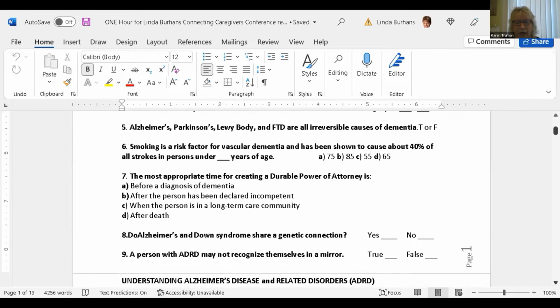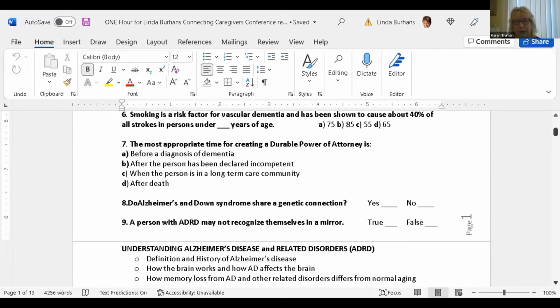Okay. The most appropriate time for creating a durable power of attorney is before. You want to get that stuff done way before, so that you have all of those ducks in a row. And I'm sure if you listened to Sean the other day, those are things that we need to address early.